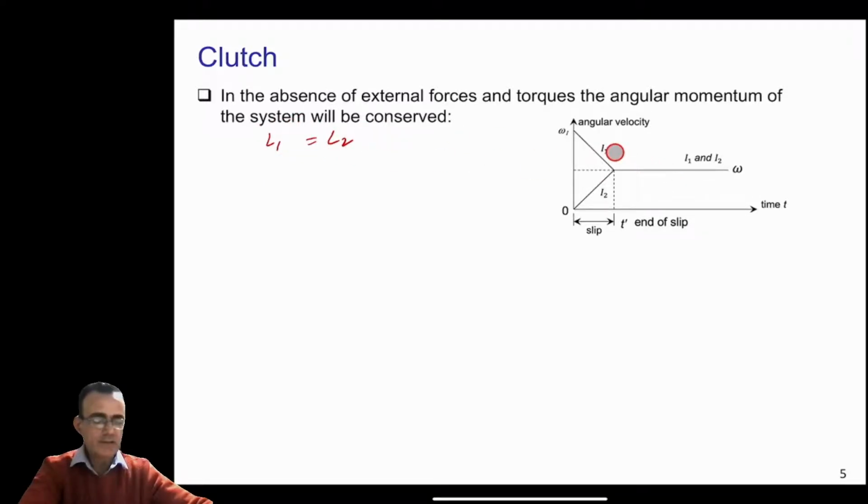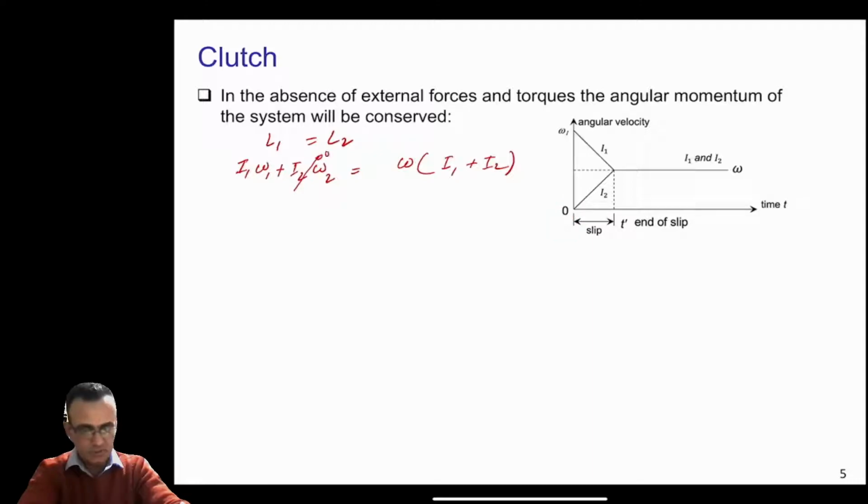Now, I1 omega 1 plus I2 omega 2 is equal to the final one, after the slippage, which is omega times the combined moment of inertia I1 plus I2. But we know that the initial angular momentum of flywheel 2 is 0, because omega 2 is 0.